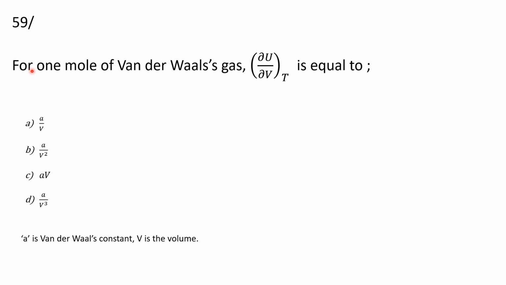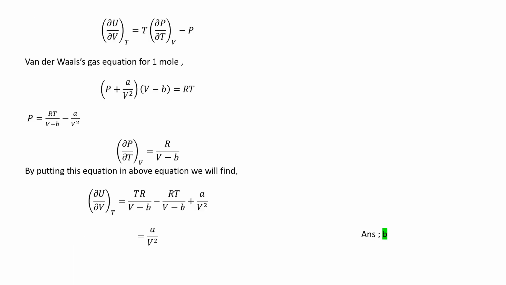Then, for 1 mole of a van der Waals gas, del U by del V at constant temperature is equal to, the options are a by V, a by V square, aV and a by V cube, where a is the van der Waals constant and V is the volume.